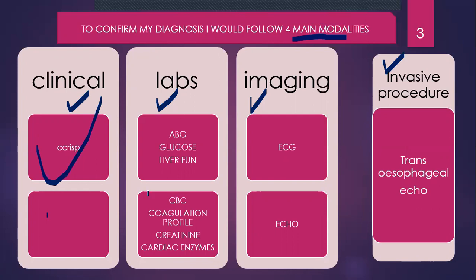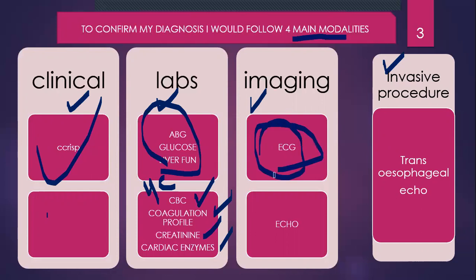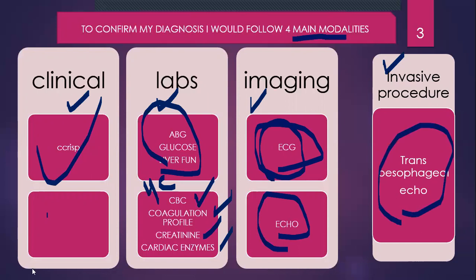The labs are going to be CBC, coagulation profile, creatinine, cardiac enzymes, ABG, glucose and liver function. The imaging, most importantly, is the ECG, then the echocardiogram. Sometimes the mural thrombus cannot be well visualized via the normal echocardiogram, so the transesophageal echo is going to be your modality.